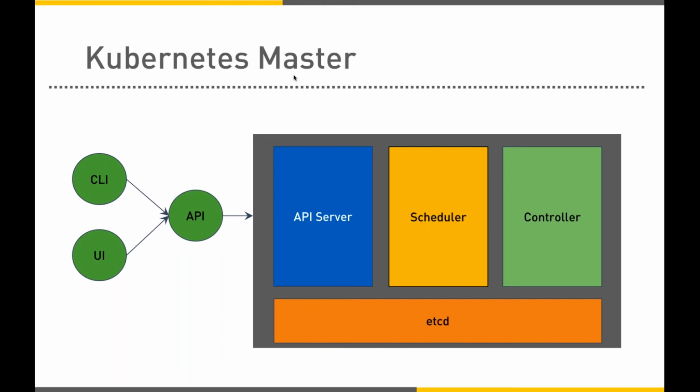Then you see the yellow block, which is called the scheduler, and the scheduler's job is to take the job definition in a YAML file, figure out what are the requirements that are defined in the manifest in your YAML file job definition, and then ask etcd to tell what is the available infrastructure, what are the nodes that are capable of running the containers that you want to deploy, and the scheduler will decide which node is going to run your application.